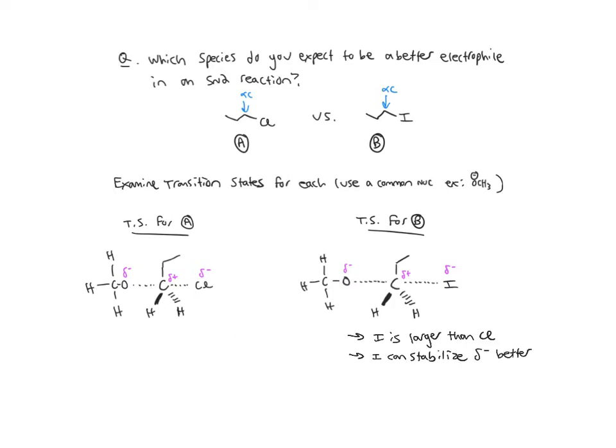So the iodine can stabilize that developing negative charge in the transition state. It's going to be better at stabilizing that because it's a larger atom. There's more room for that charge to spread out as it starts to develop on that atom. So that's going to mean that we're going to have that transition state being more stable, which is lower in energy.